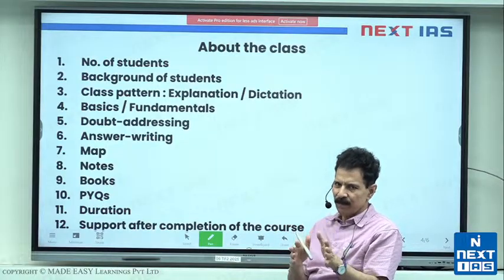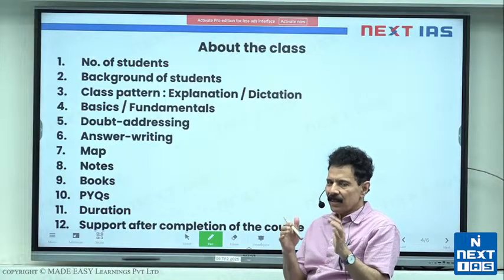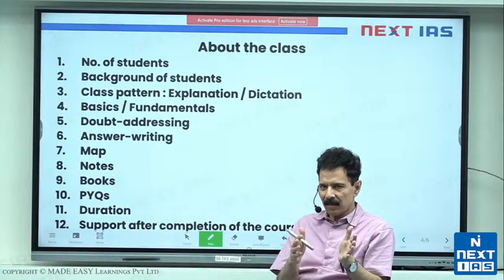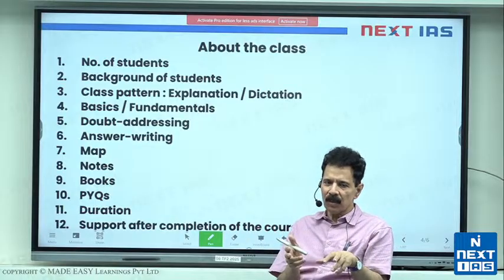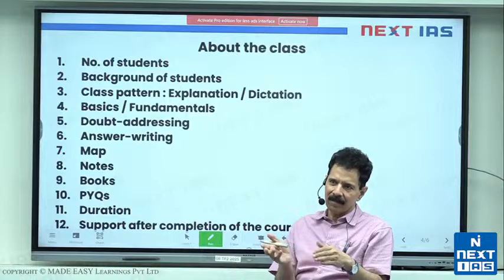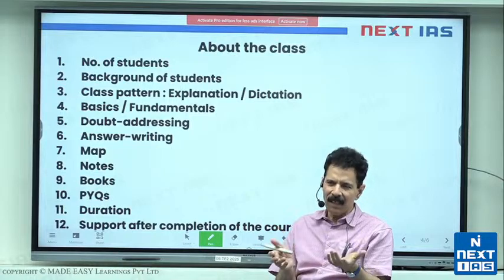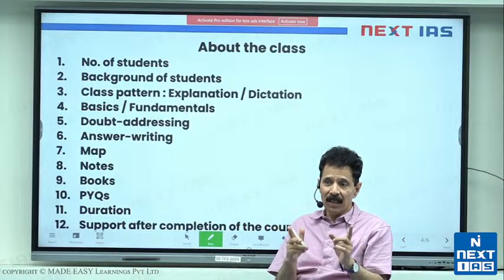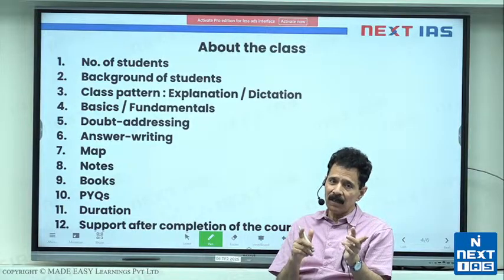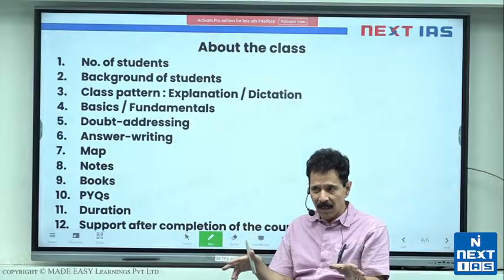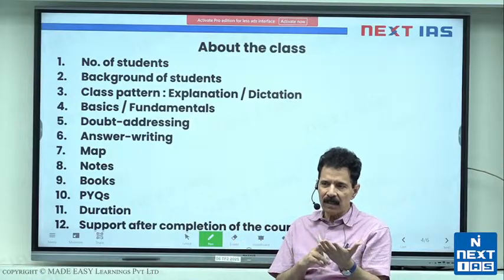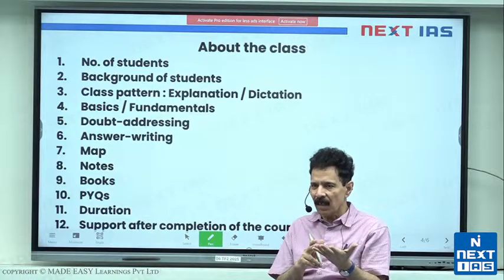Now, second is the background of the students. You should also know, but I have already answered this. 60% are there and they have a history background. And among the 60%, 70-80% are from the top colleges in Delhi: Stephens, Hindu, Miranda, LSR, etc. Mainly from DU.